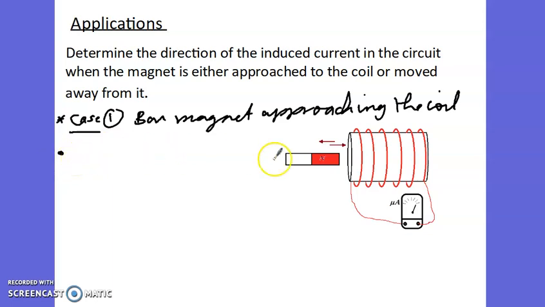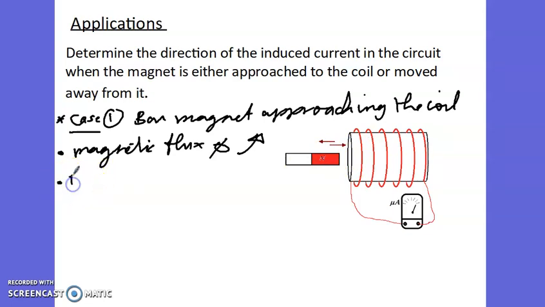What happened to the flux through the coil if you approach the bar magnet? Magnetic flux phi increases, right? The flux inside the coil increases. Okay? Step 2.